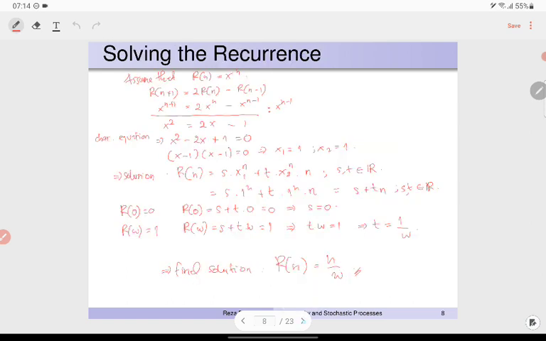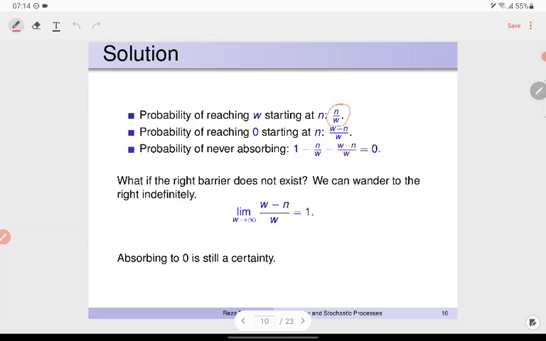If you try to solve this, you will find that the probability of reaching 0 starting at n is equal to W minus n divided by W. Therefore, the probability of never absorbing is equal to 1 minus n divided by W, the probability of reaching W starting at n, minus W minus n divided by W, the probability of reaching 0 starting from n, and the result is 0.